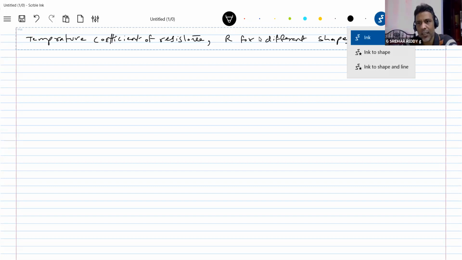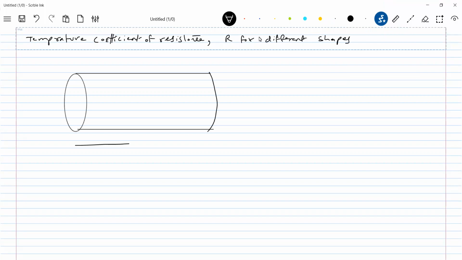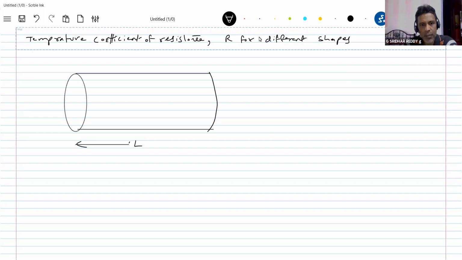Okay, if you take the conductor, so there is a cylindrical conductor I have chosen. Let the area of cross section be A, and I'll connect it across a cell.